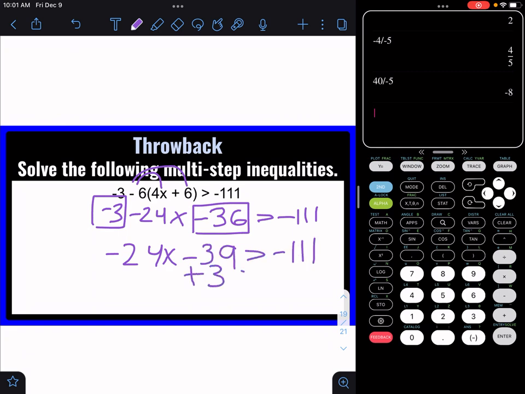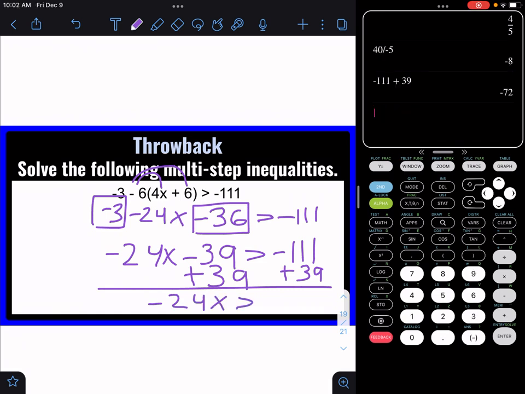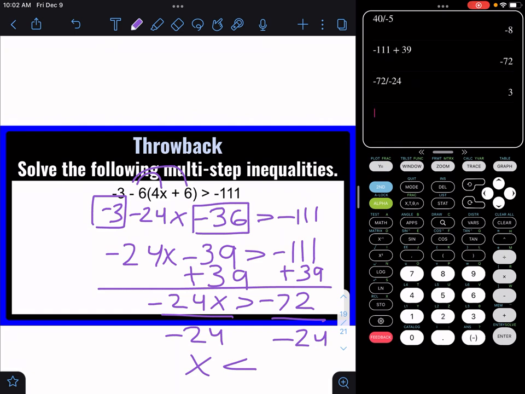Add 39 to both sides. I get negative 24x is greater than negative 111 plus 39 is negative 72. Divide by negative 24 on both sides. Because I'm dividing by a negative number, I need to flip my inequality symbol, and I will get x is less than 3.